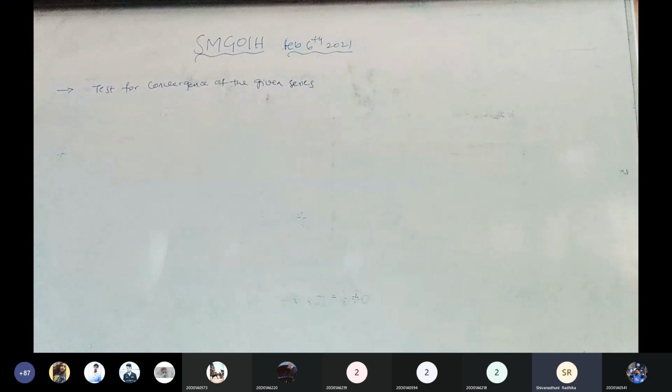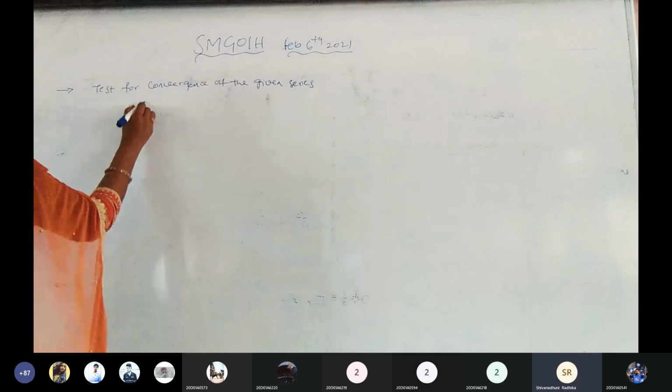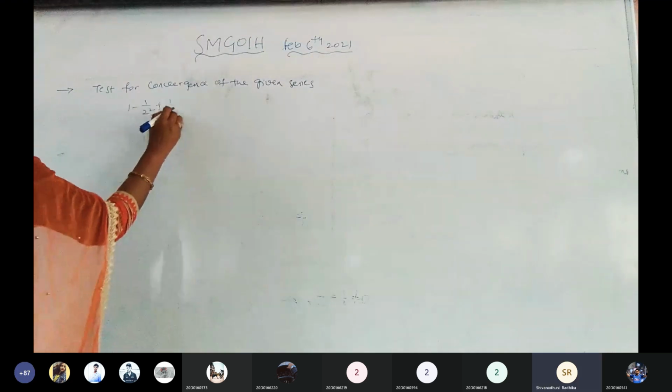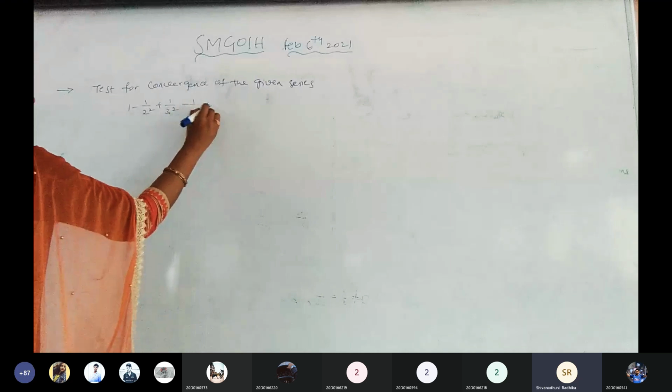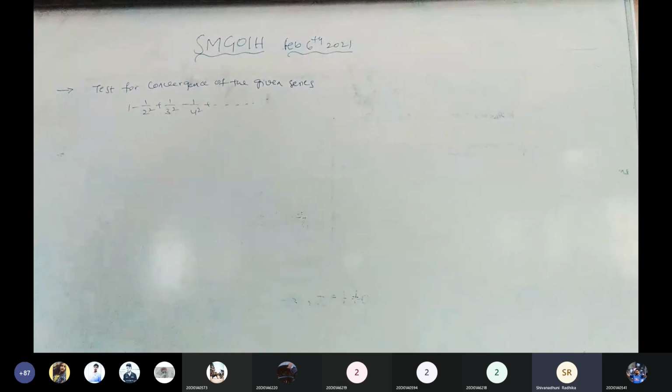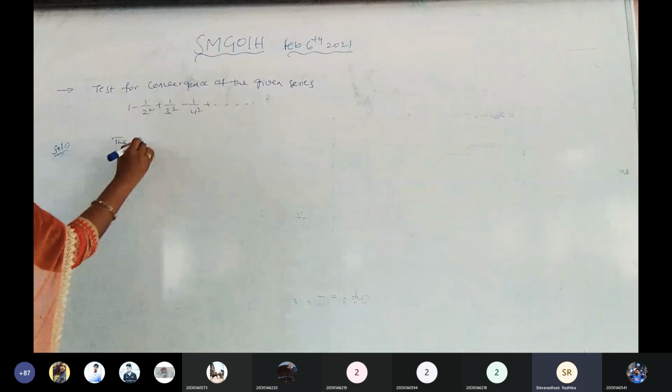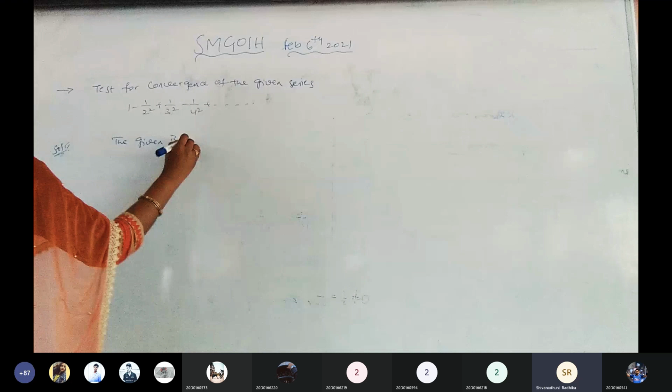Test for convergence of the series 1 minus 1 by 2 square plus 1 by 3 square minus 1 by 4 square plus etc. So is this an alternate series or a positive series? Alternate series, ma'am. The given series is an alternate series.